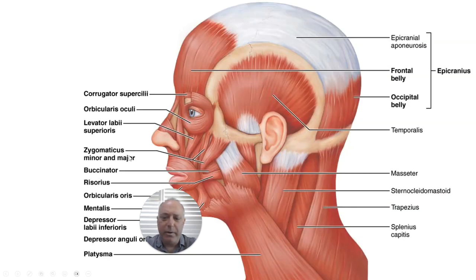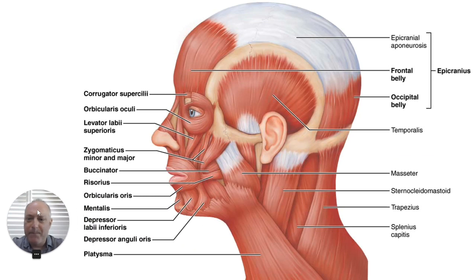Okay, so let's go into the muscles. I'm going to identify the major muscles, but we've got the frontalis, which is part of the epicranius, which includes the muscle belly, as well as this epicranial aponeurosis.